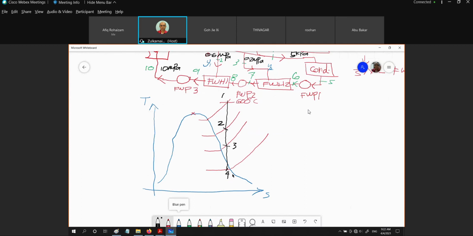Then to complete this diagram, I need to project all the pressures to the left: condenser, feed water heater number 2, feed water heater number 1. This is the boiler pressure. Again, I'm going to project at the compressed liquid region for the pressure.